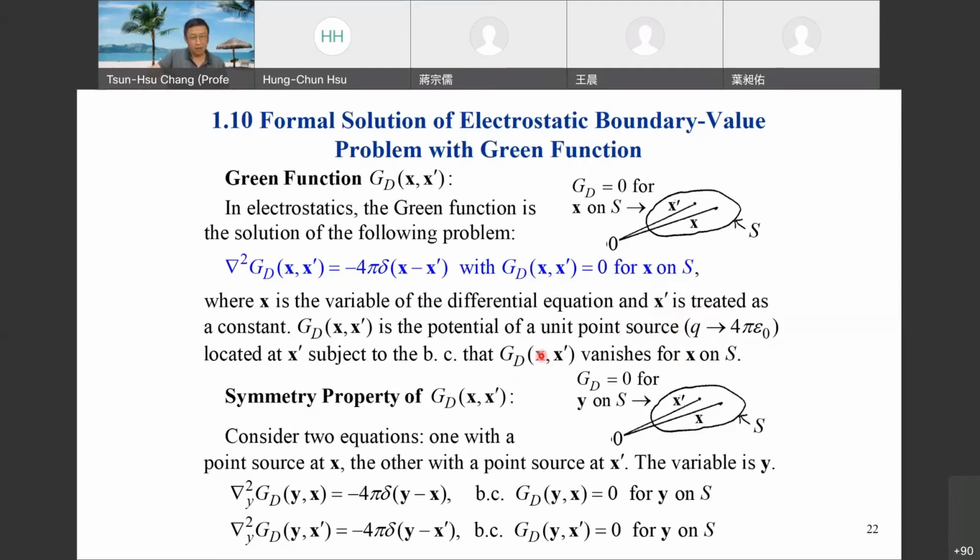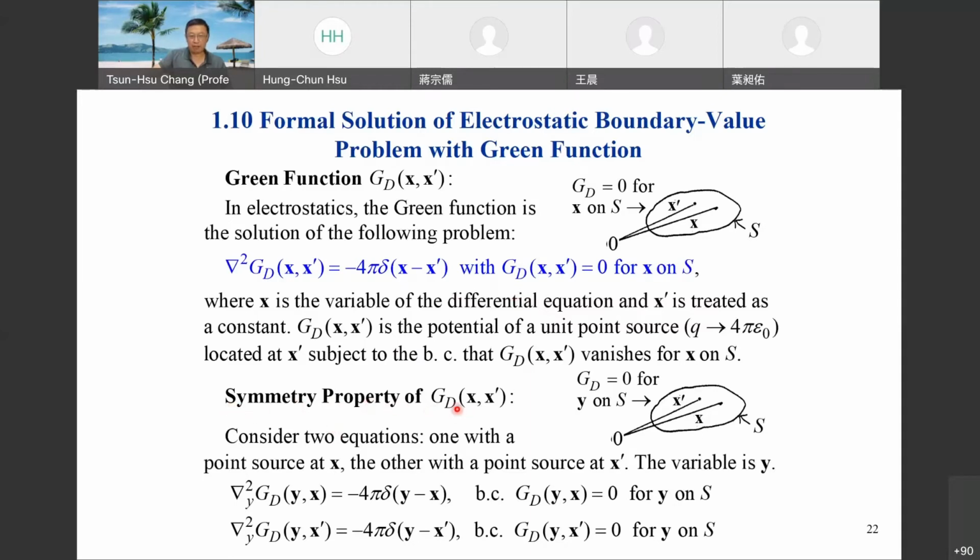And you can also consider these two as variables, a different viewpoint. The green function helps you become familiar with integration and calculus.